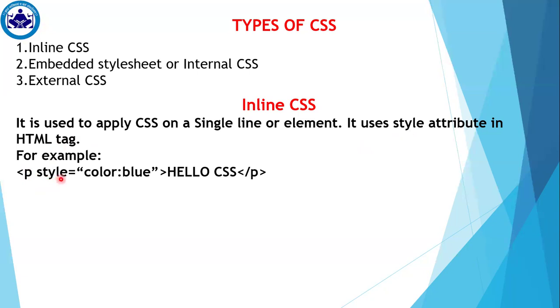The style word is used here as an attribute of the P tag. The value of the style attribute is color: blue. So when we execute this, the hello CSS world paragraph will have the text color as blue.